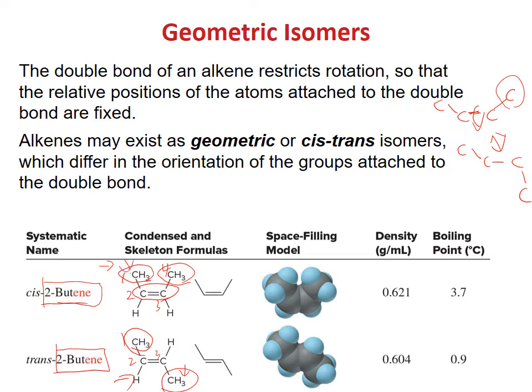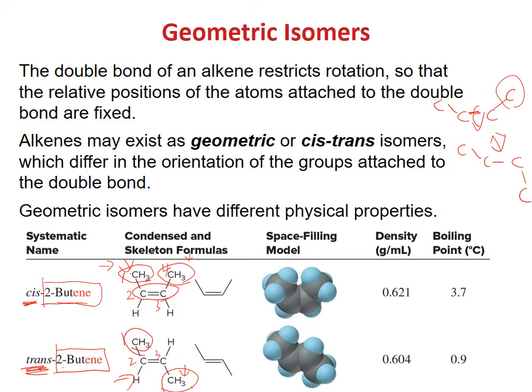When the 2 ends are on the same side, it is called a cis isomer, and when the 2 ends are on opposite sides, it is called a trans isomer. So the first molecule name should be cis-2-butene, and the second one is trans-2-butene.